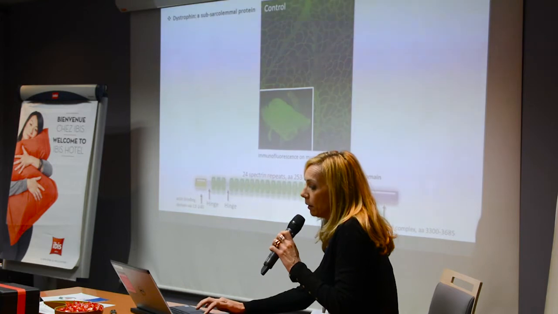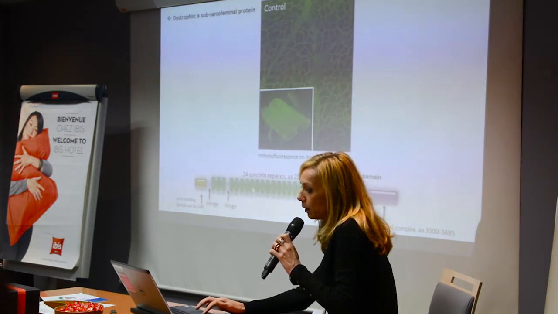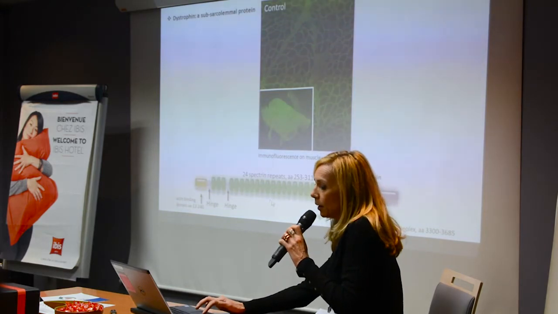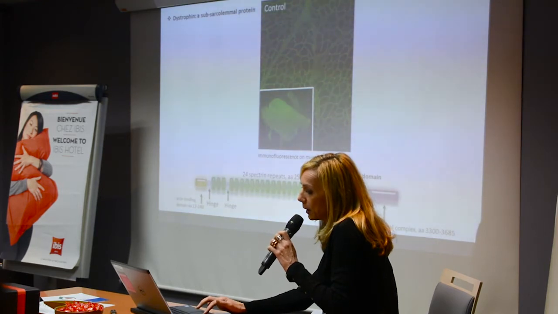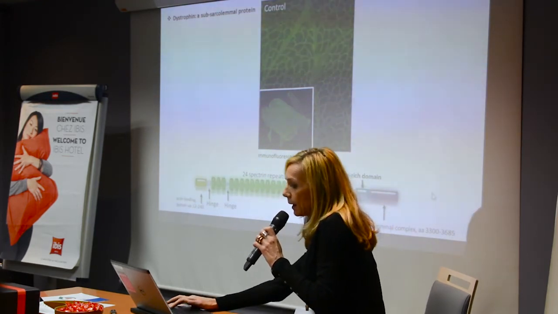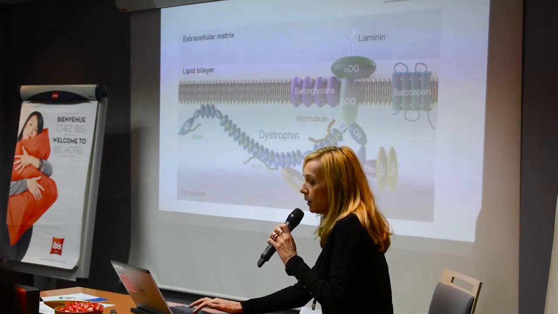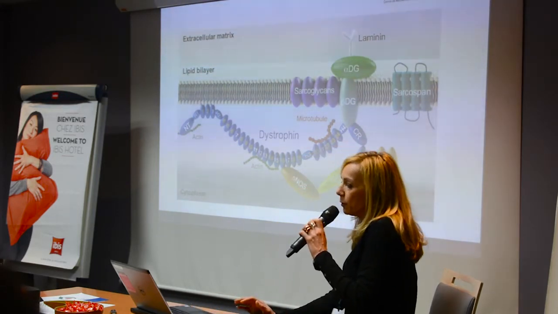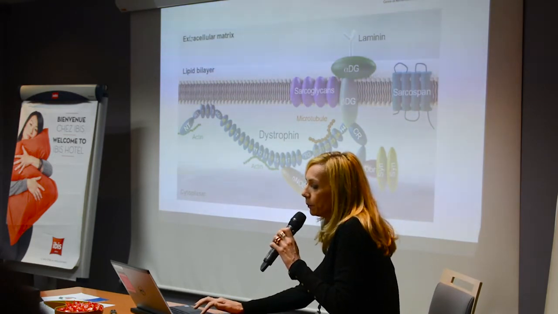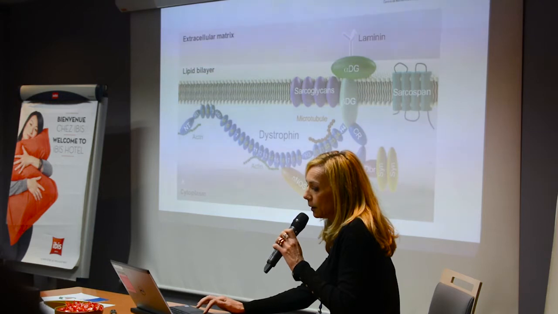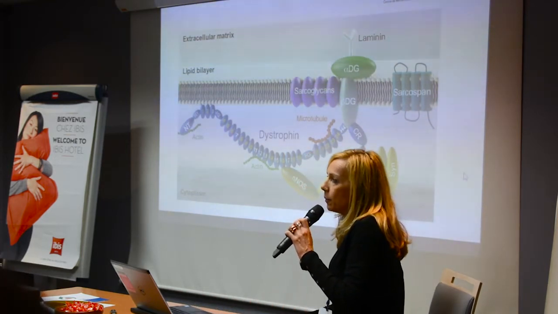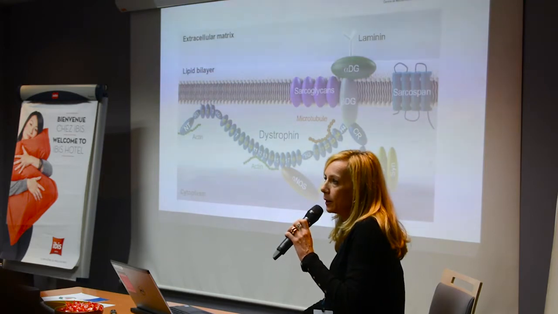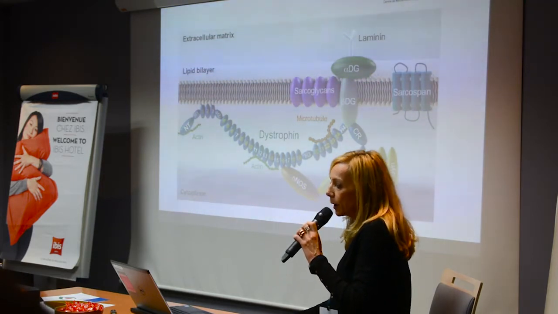Here a large middle part, which is composed of 24 spectrin repeats, which are called rod domain, and a cysteine-rich domain here, and a C-terminal domain. And this dystrophin belongs to a large complex of proteins, which allows the connection between the extracellular matrix and the actin binding here, and the cytoskeleton, and all this complex is needed to keep the integrity of the fibers during the contraction process.